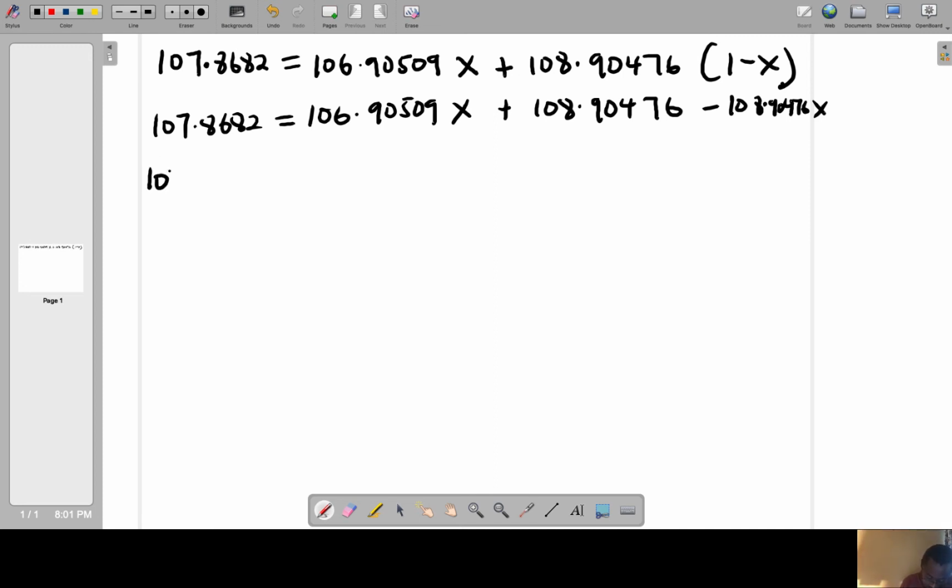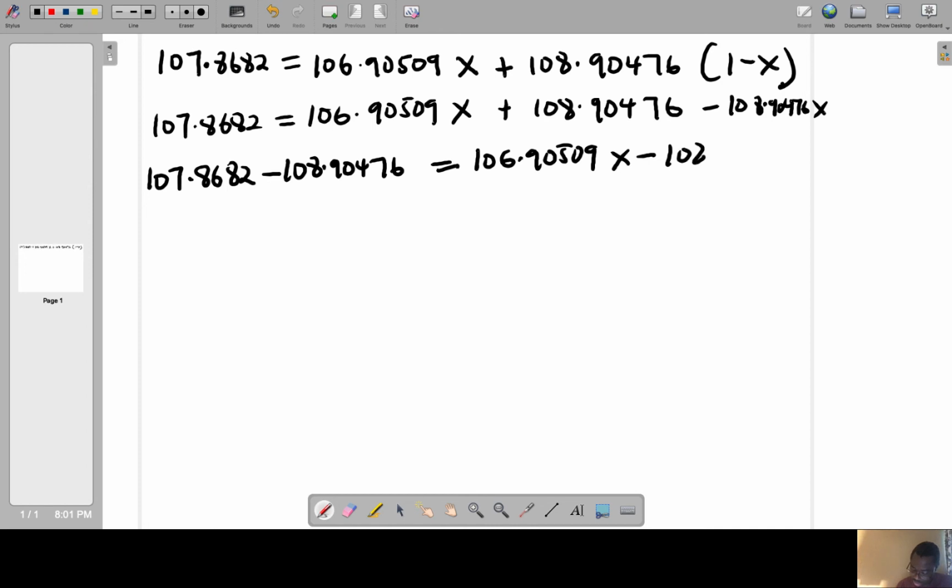So we have 107.8682 minus 108.90476 equal to 106.90509x, then minus 108.90476x.